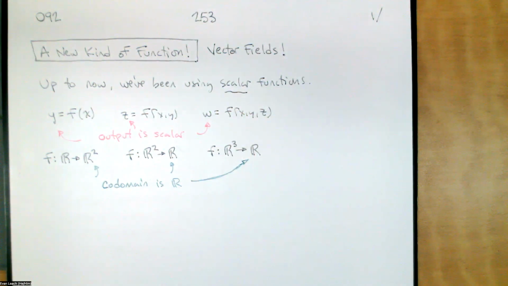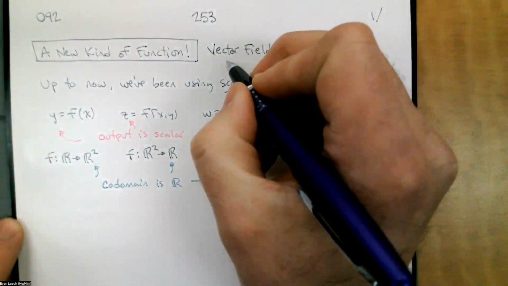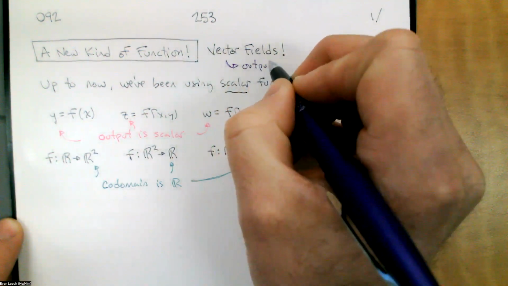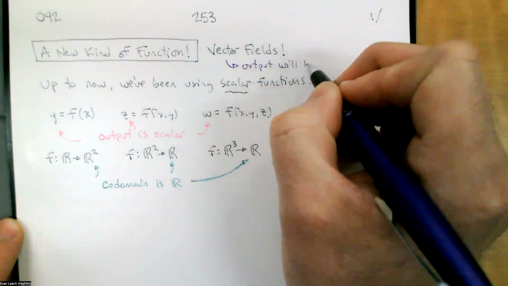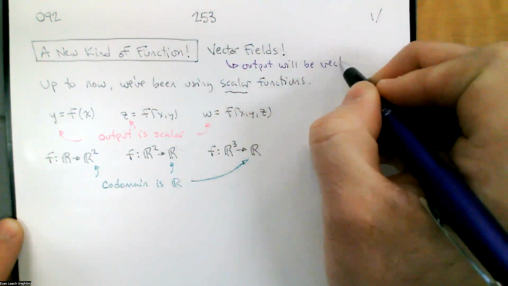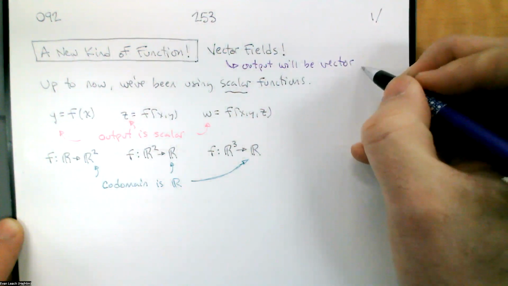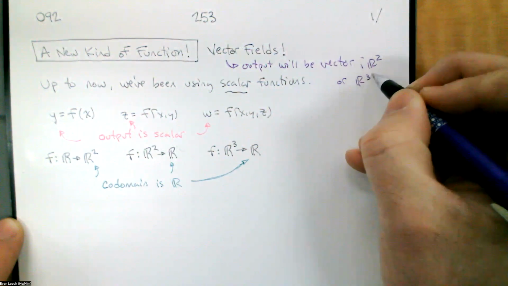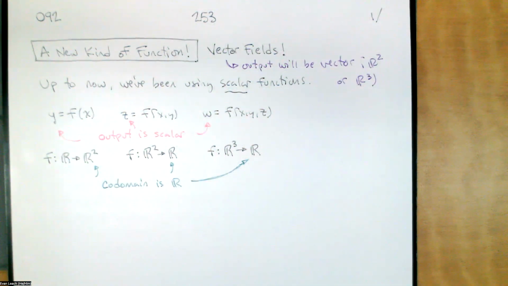So what we want to do now is change the codomain, change the output from a scalar to a vector. That's what's going on in a vector field. So the output is going to be a vector in R2 or a vector in R3.